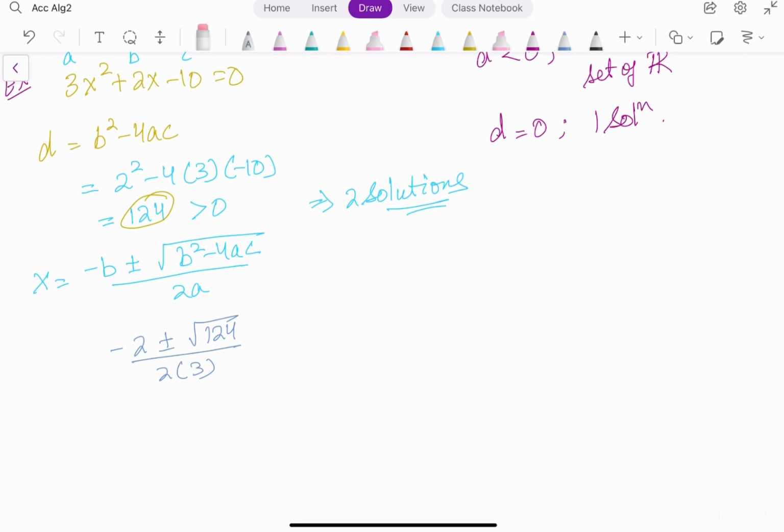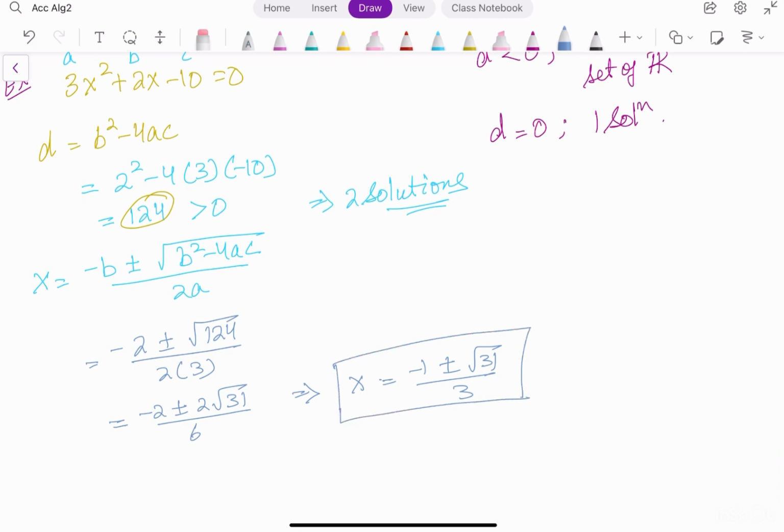If you simplify it, you will get 2 radical 31 over 6, because what are the factors of 124? We can factor the 124 as 2 times 62, and 62 can be factored as 2 times 31. So this is your answer that we are looking for. Right? It is easy peasy.